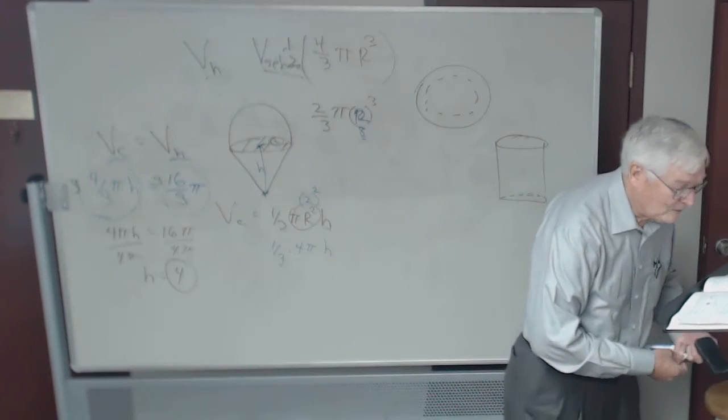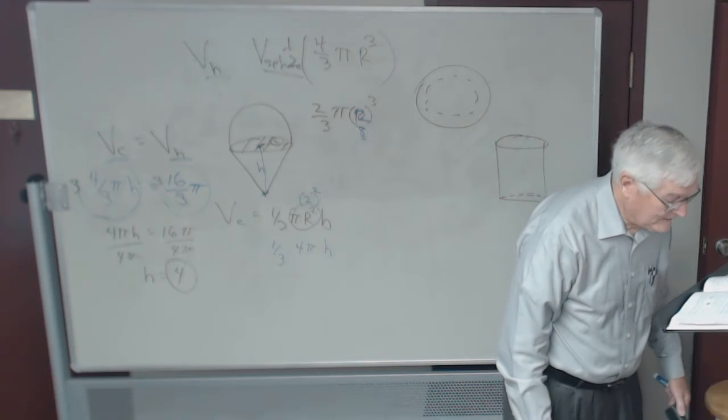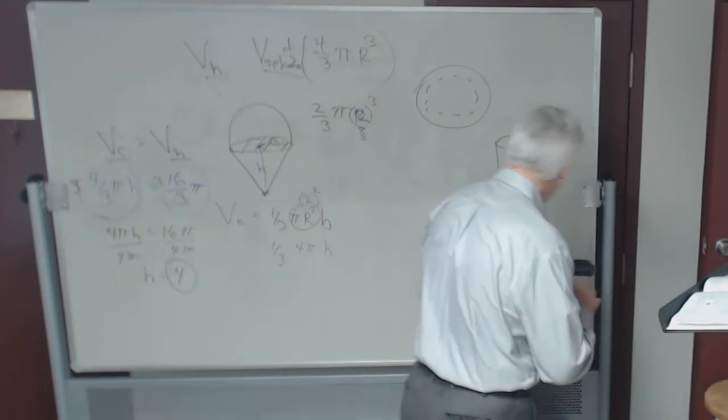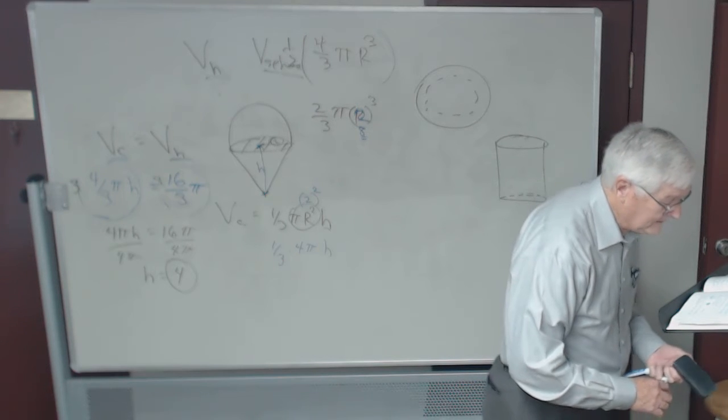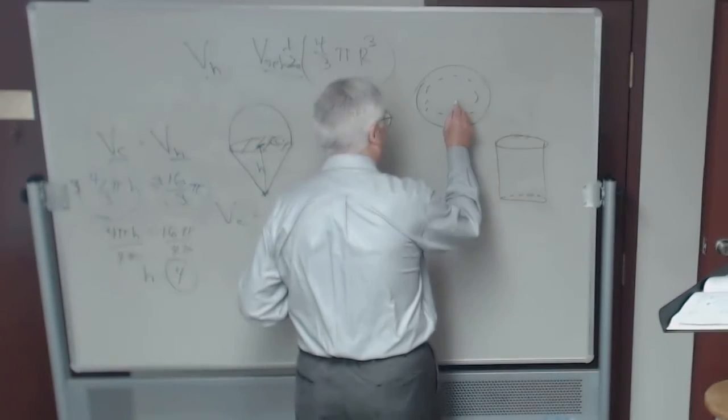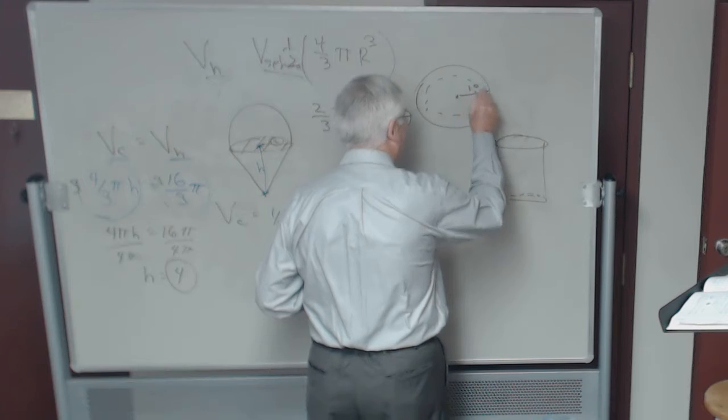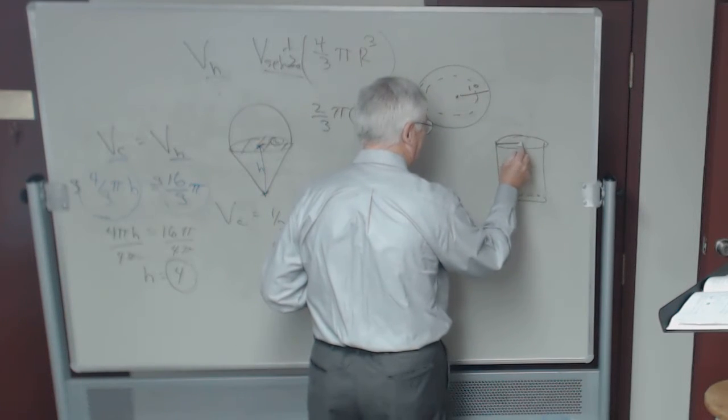So we've got a basketball and a cylinder. And the radius, is the radius 10 for both of them? Yes. So the radius here is 10, and the radius here is 10.